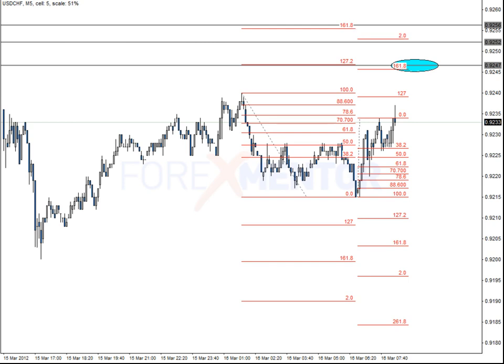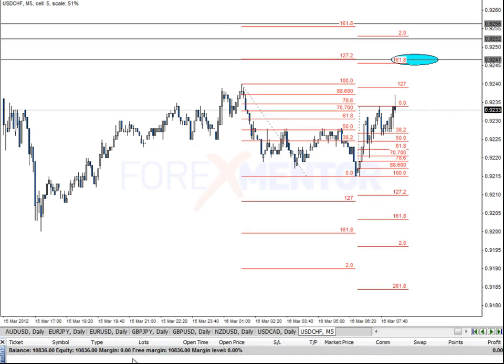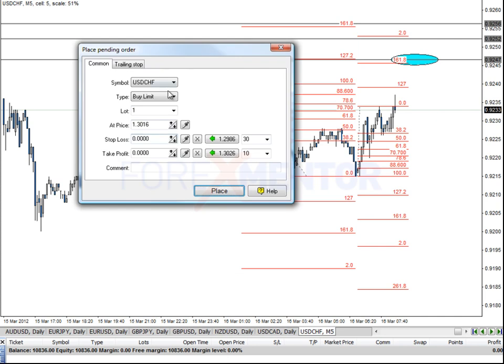So if we go to our orders and we go new pending order, sell limit, with a price of 0.92, and I want to put it about 1 or 2 pips below.